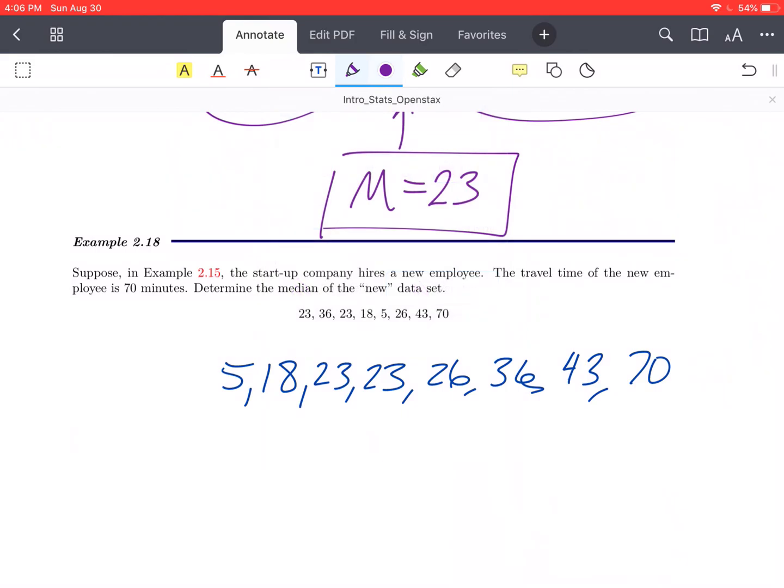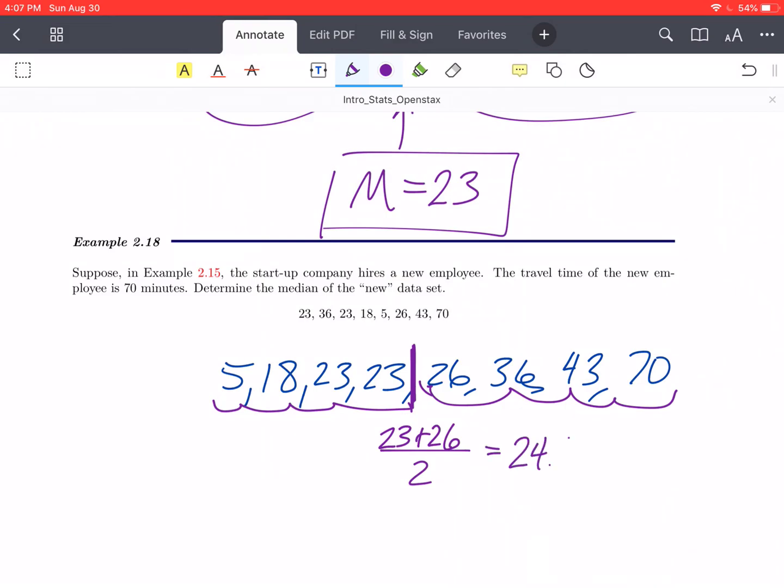Now when we're looking for the middle, we now have 8 data points. So I go 1, 2, 3, 4, 1, 2, 3, 4, and we're right here in the middle. So I have to take the mean now of the middle 2 values. So 23 plus 26 over 2 is 24.5. So that's the median.